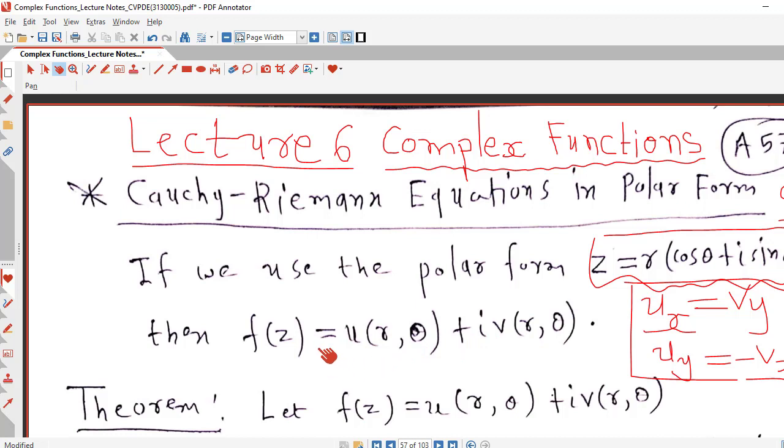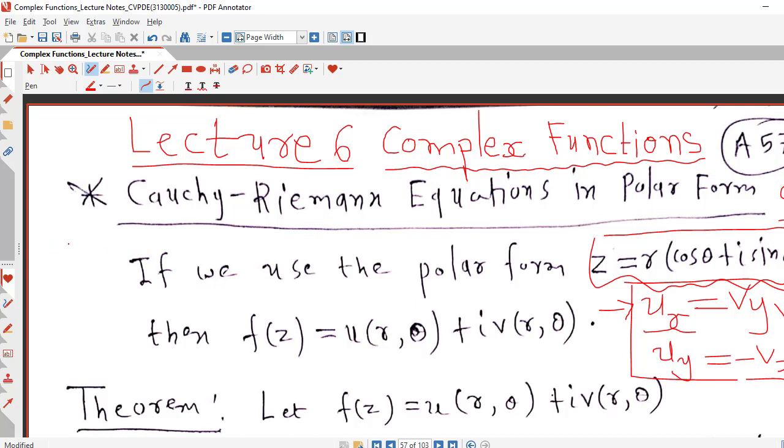But suppose we are using the polar form of the complex number, then u and v will be functions of r and theta. So we have to write down the equivalent form of Cauchy-Riemann equations in terms of r and theta. That is easy. If we are using Cartesian coordinates x and y, then the first Cauchy-Riemann equation is del u by del x equal to del v by del y.